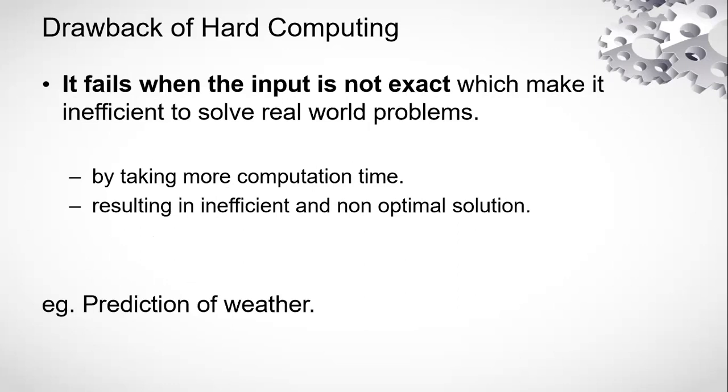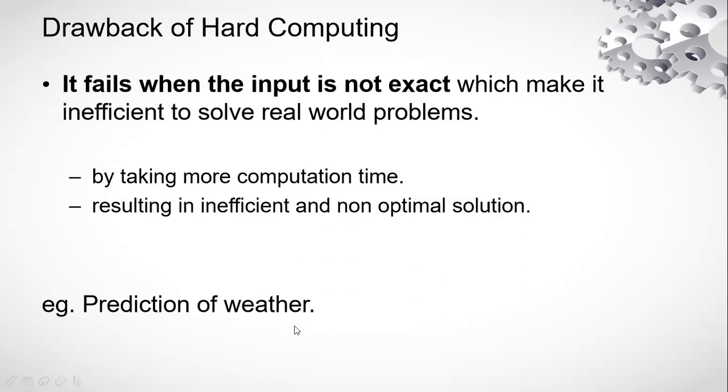At times the input is not clear, at times the input is not certain. So in this scenario, the hard computation technique will take longer time and will have large computation time, and if at all it gives a result, it is going to give an inefficient or non-optimal result or solution.